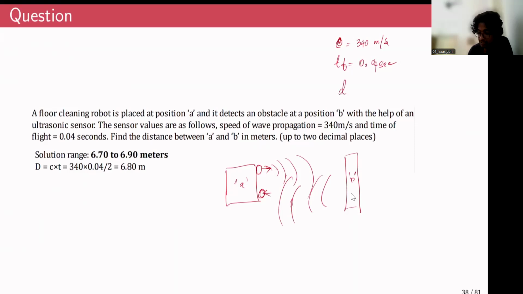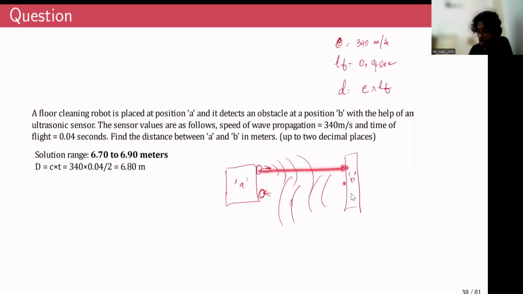So as you know, distance is nothing but the velocity multiplied by the time of flight. But here, the time of flight denotes the time for the transmitted rays to go out and get reflected back.